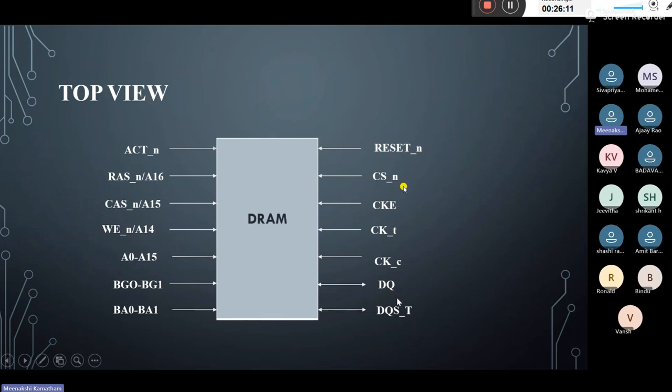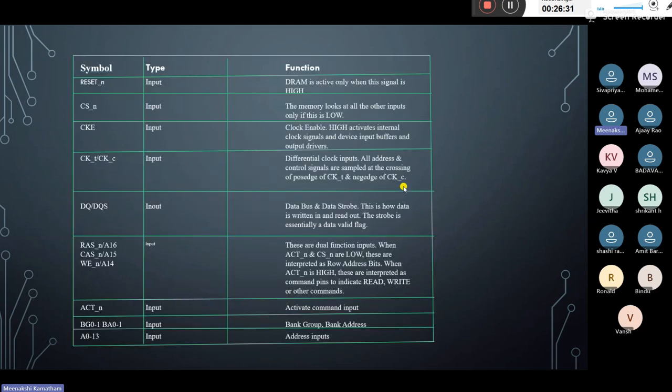DQ is 64 bit; this is the main data bus we use, and it supports up to 64 bit only. From the controller layer to the DRAM layer, the data bus uses 64 bit only. This is the strobe, and as we know, chip select and reset are the global signals.